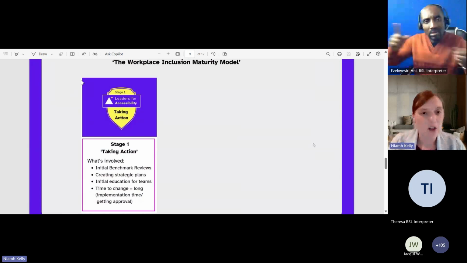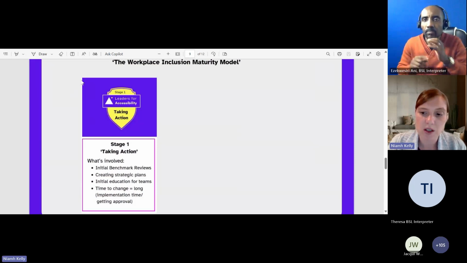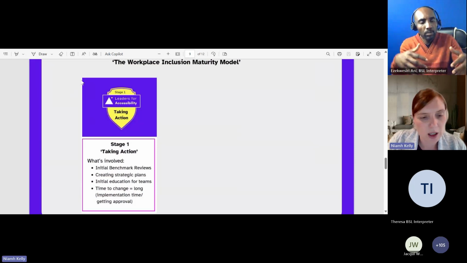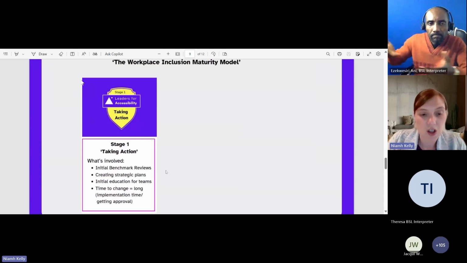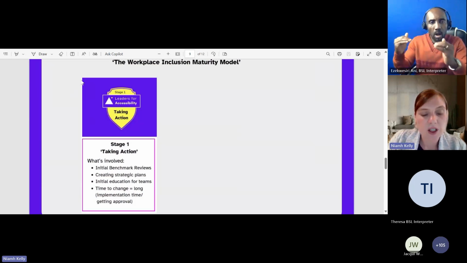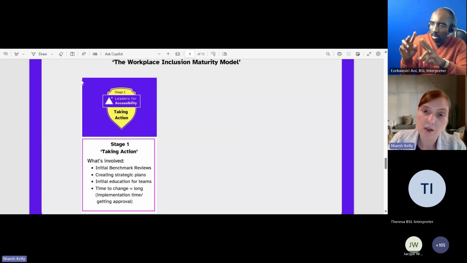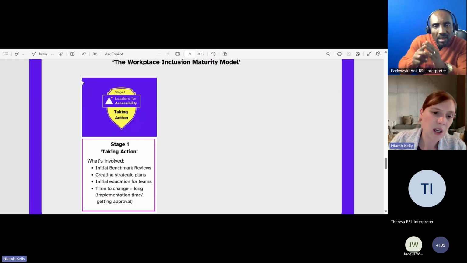And so looking at the taking action stage, what does that mean? It means that your ERG group or whoever is responsible for promoting inclusion is setting up these initial benchmark reviews across those 6 divisions. You're creating strategic plans for reviewing, for evaluating what's happening now.